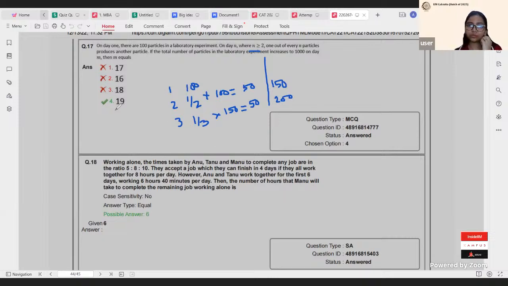So for how many days should it increase so that the total number of particles increases to 1000 on day m? It should essentially be 100 plus 50 into n, where n is the number of days. That should be around 1000.